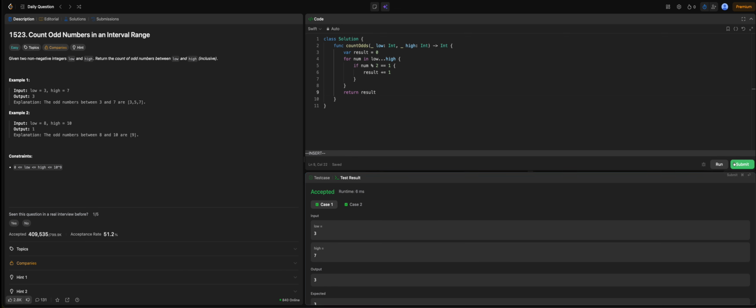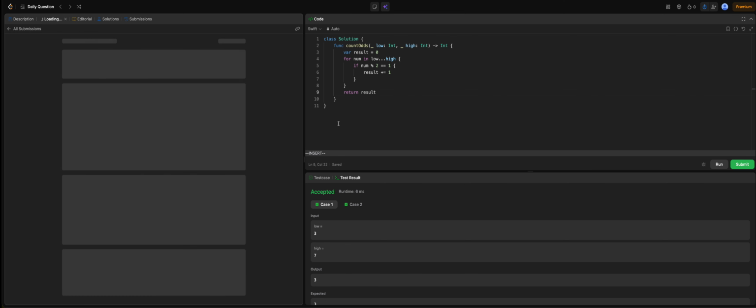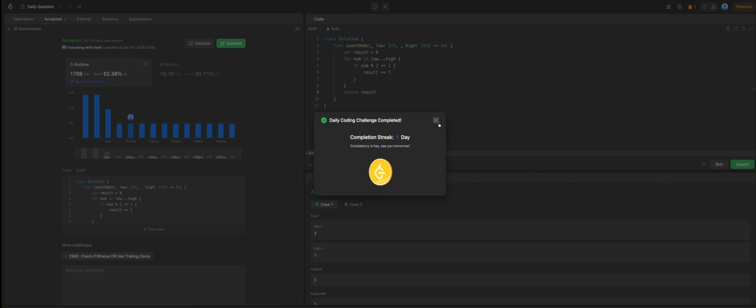So that will be O of n for the time complexity, and O of 1 for the space complexity.